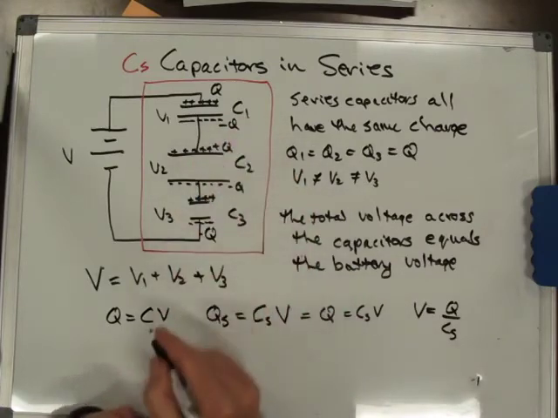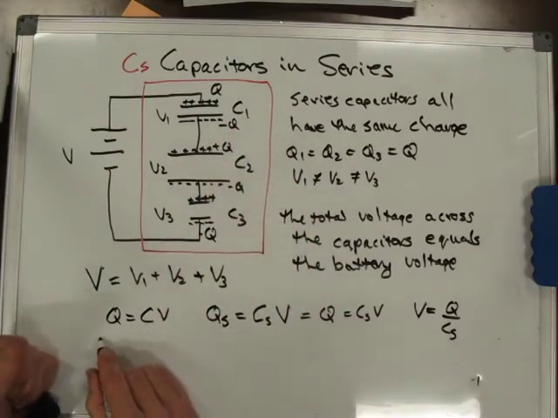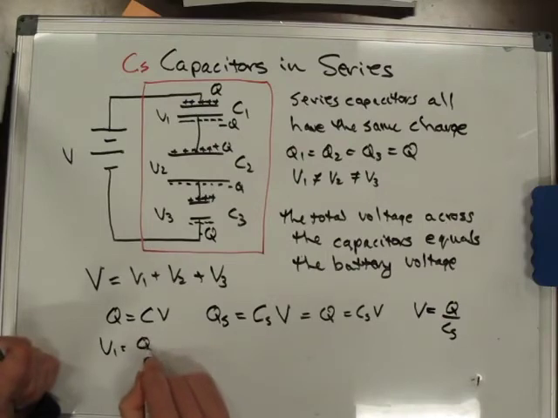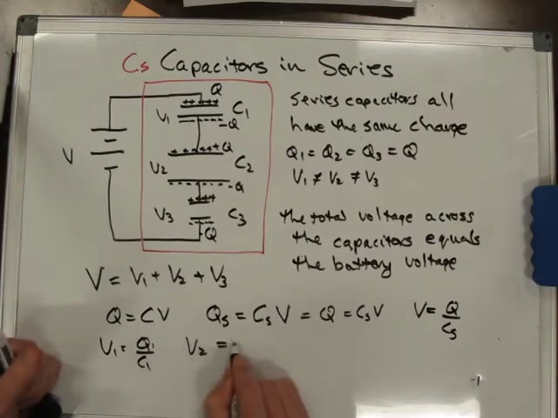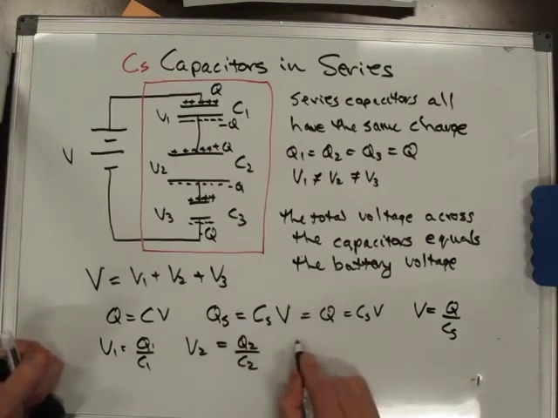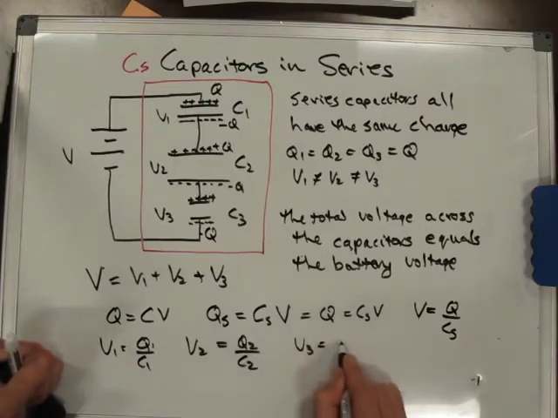But I can do that for each one of these: V1 is equal to Q1 over C1, V2 is equal to Q2 over C2, V3 is equal to Q3 over C3.